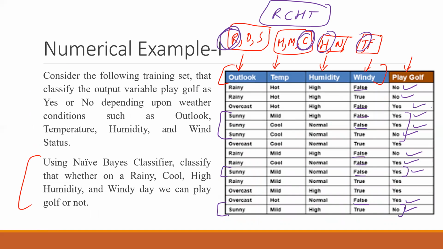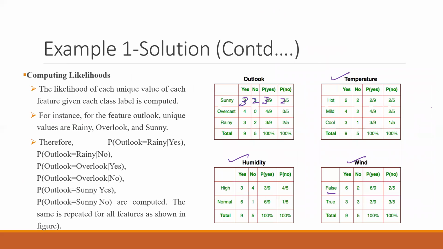Okay, so out of 8, 6 are yes, right? And that's what is written here. Because there were a total of 9 yes, the probability of yes for wind false is 6 by 9 and no is 2 by 5.